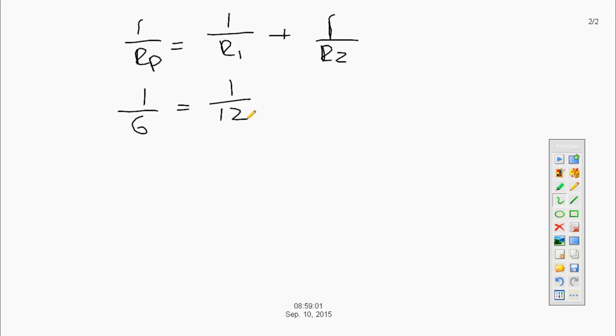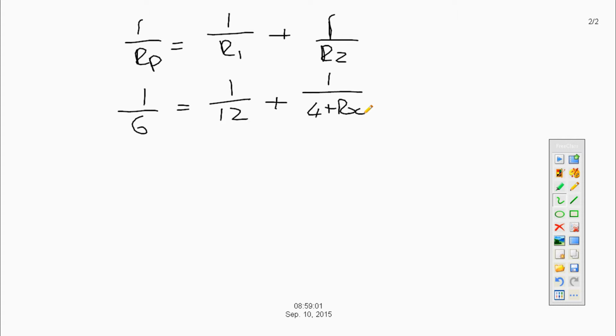I only have 2 legs, so it's 1 over R1 plus 1 over R2. I already know together it's 6, so 1 over 6 equals 1 over 12 for one leg, plus here we will have 1 over 4 plus the Rx. And then I will be able to get Rx.